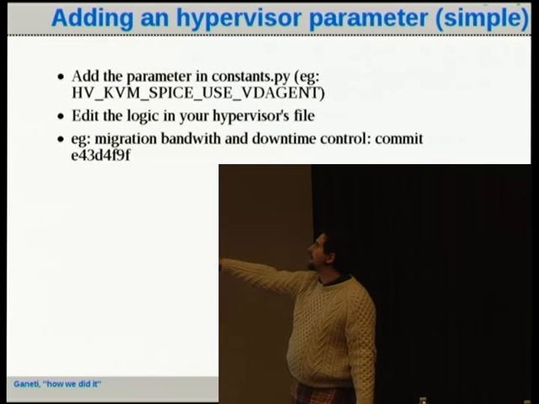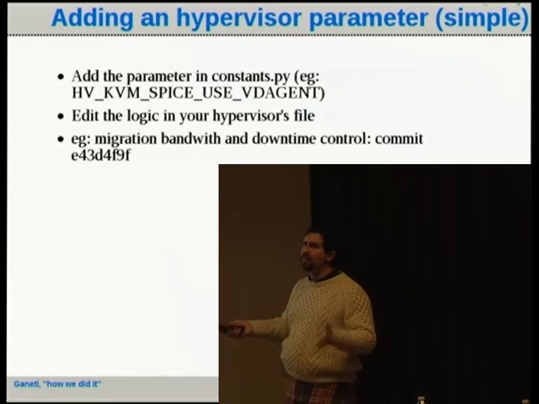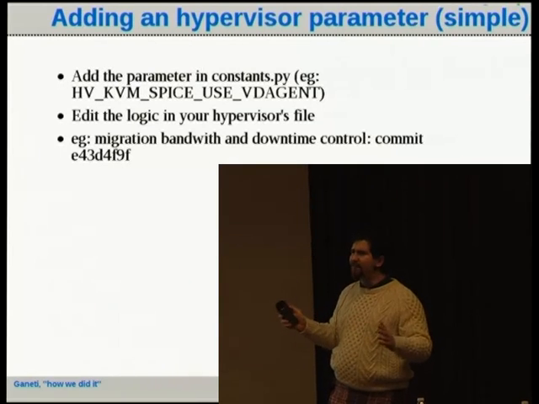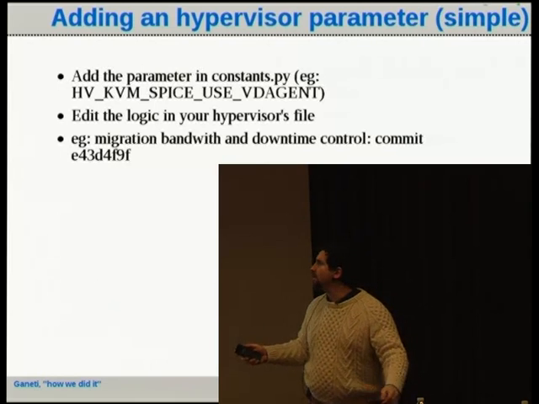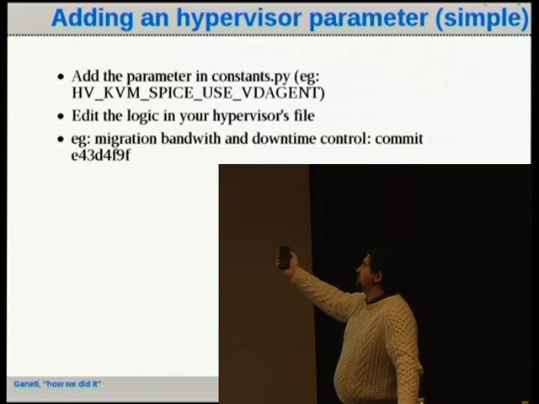So you choose a name for the parameter, hv_u, then the hypervisor type, and then just a name that represents what your parameter is. You have to have a type, so it's either a string or it has to be a file path that then has to exist on all nodes, or a number, or a Boolean variable, right?